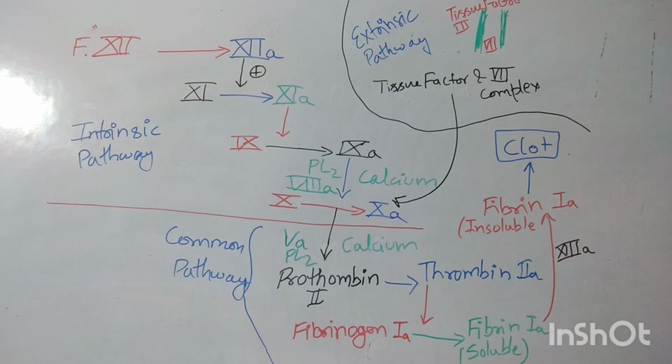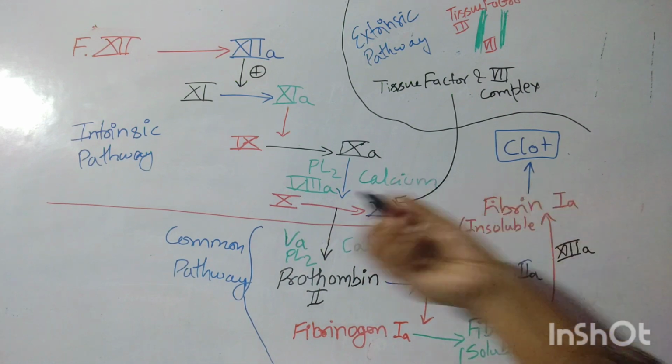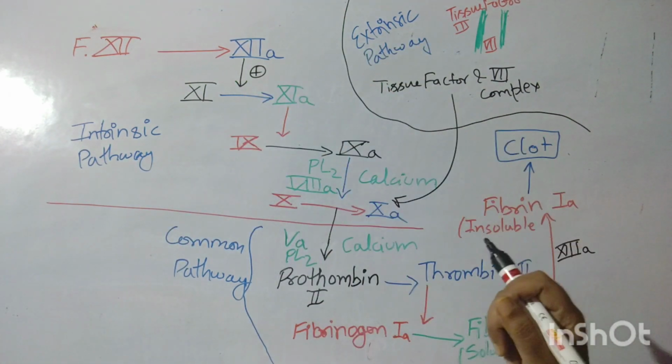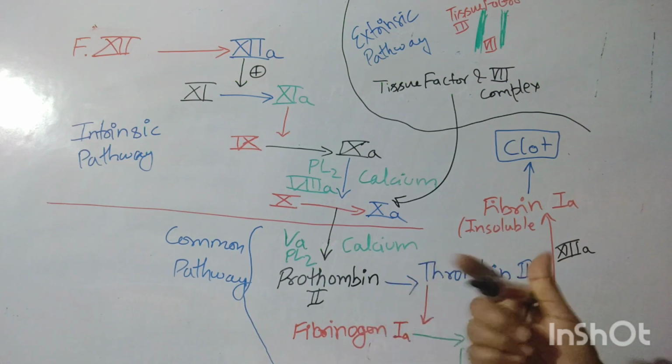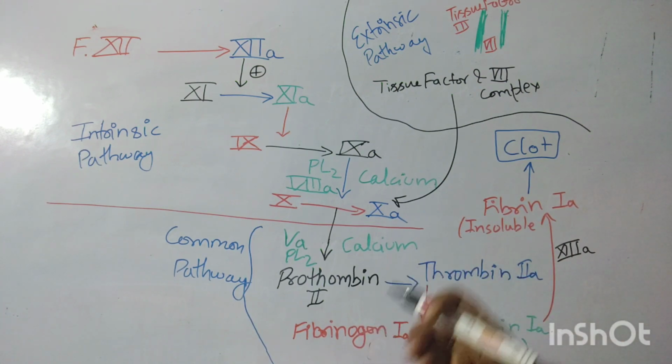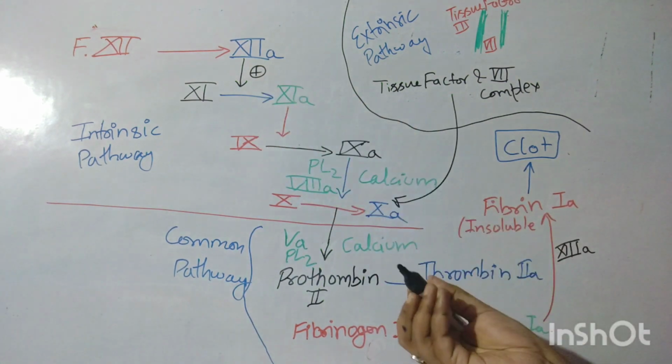So we have seen that in secondary hemostasis, the intrinsic, extrinsic and common pathways are followed. A series of cascading reactions takes place whenever there is a blood vessel injury.